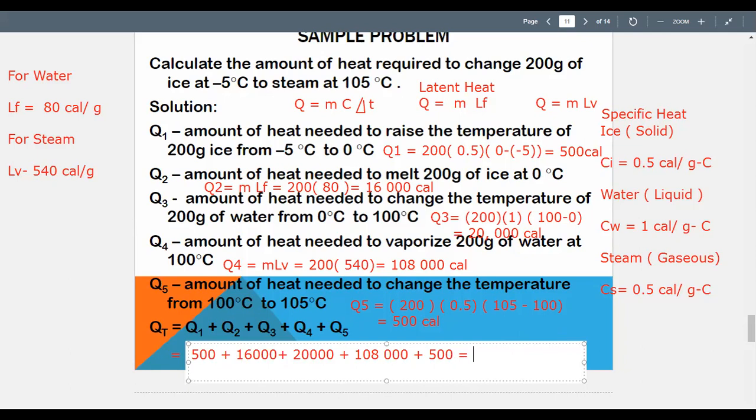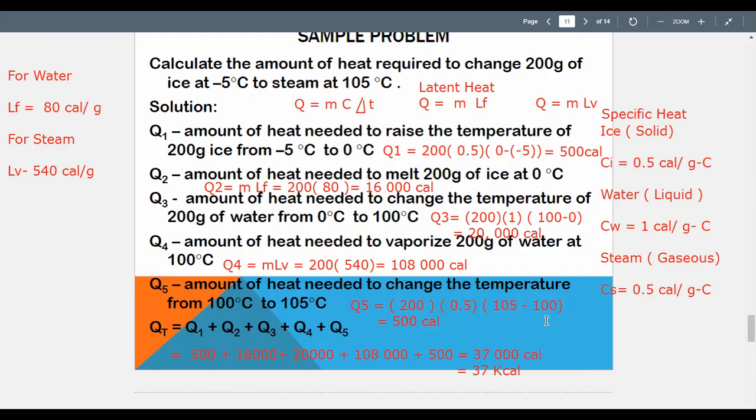So you have 37,000 calories. That looks so big, but actually we can make it smaller by changing it into kilocalories. So if you make it into kilocalories, then that's merely 37 kilocalories, to make it a little bit shorter. So this is the whole amount of heat needed now to convert ice into steam.